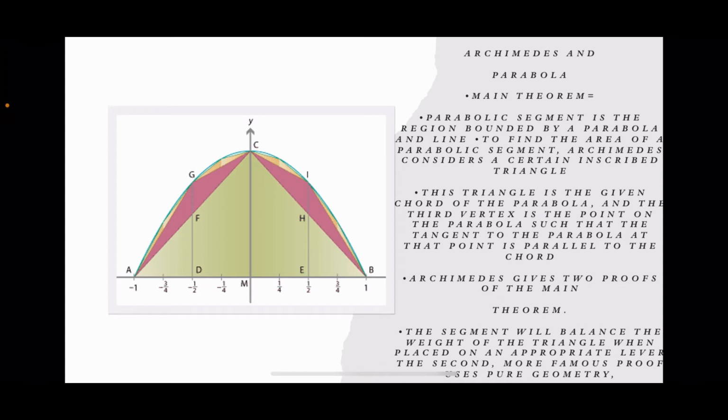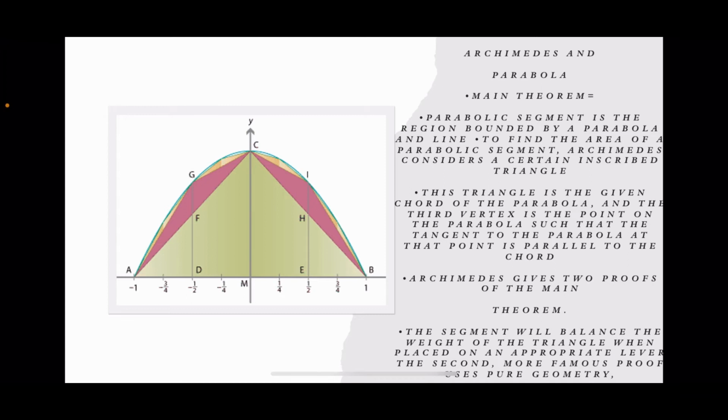This triangle has the given chord of the parabola as its base, and the third vertex is the point on the parabola such that the tangent to the parabola at that point is parallel to the chord.